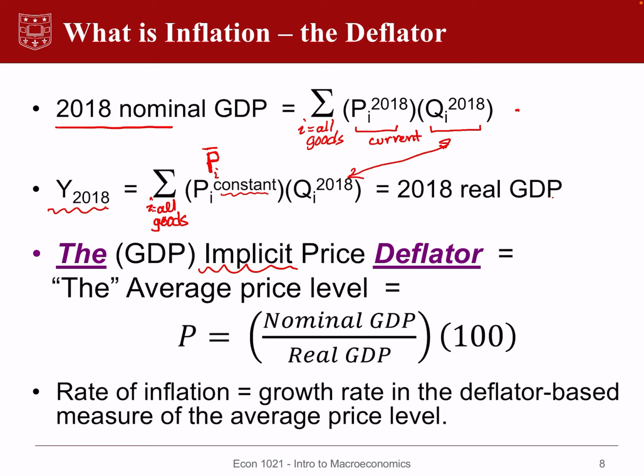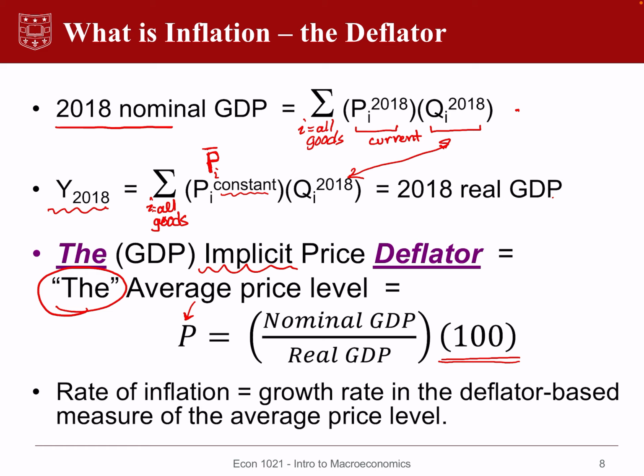Again, our notation for the average price level is P, regardless of whether we're talking about, say, the CPI or the deflator or something else. We use a big capital P here. And it would be nominal GDP divided by real GDP. And then what we conventionally do is multiply by 100 just to get some more significant digits.